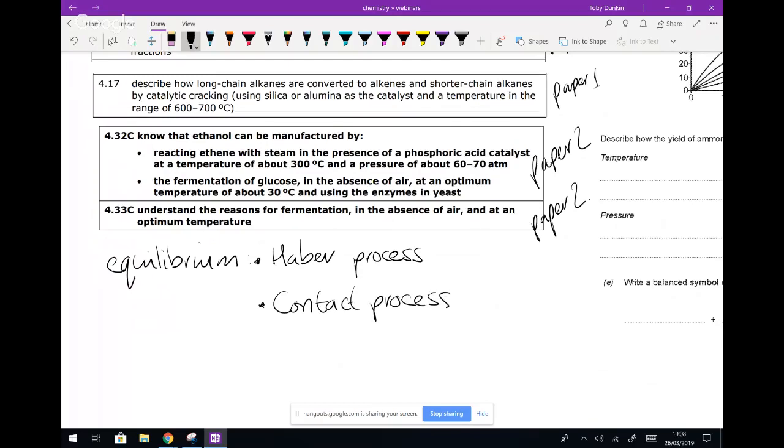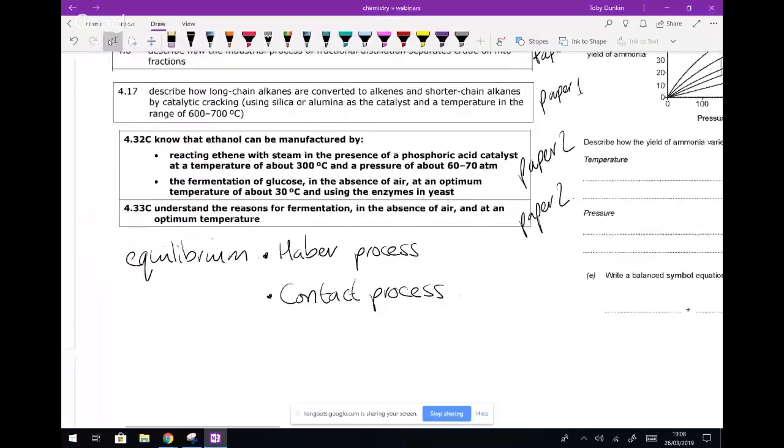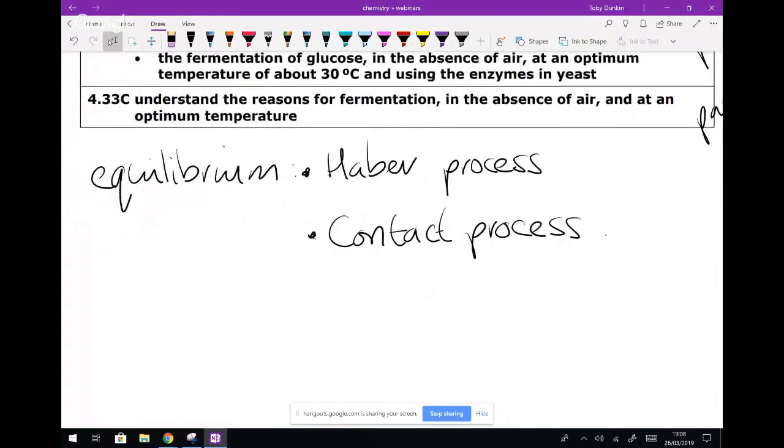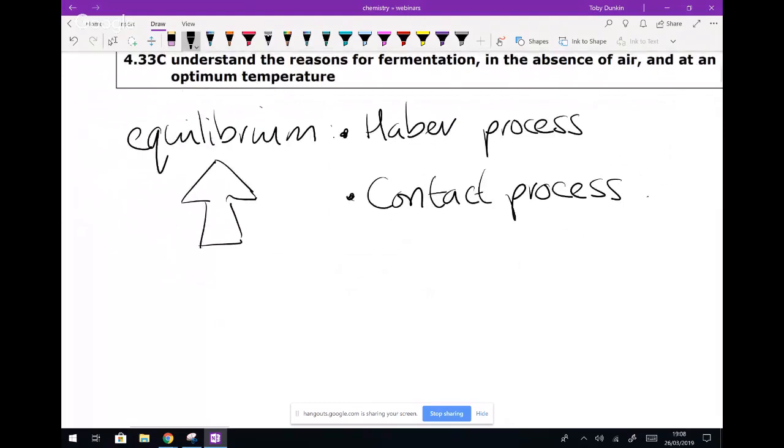The reason I don't want to delete them from my webinar is that in your equilibrium specification points, they're going to ask you about these. They're not going to ask you for the specifics of the industrial processes, but simply in regards to equilibrium. This now becomes the heavy focus, rather than can you regurgitate the conditions that are used in industry.